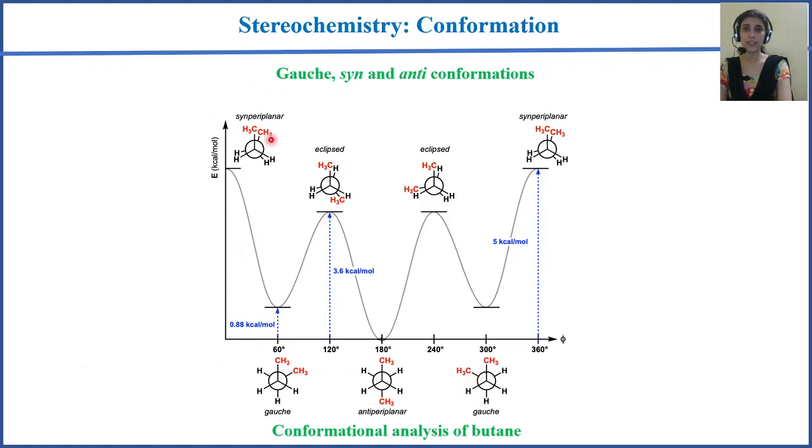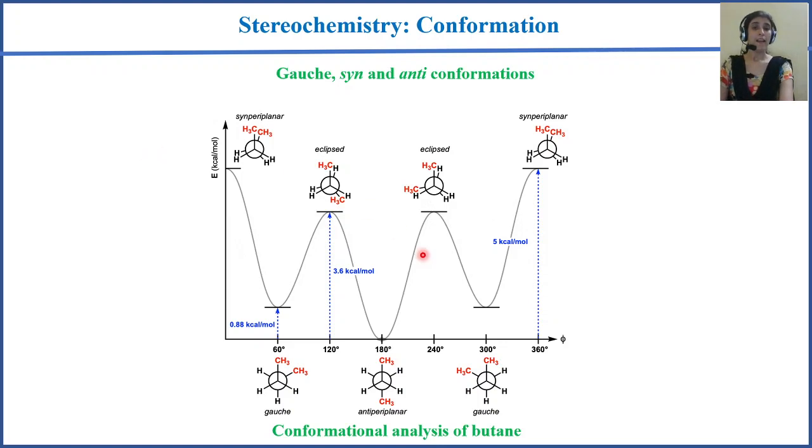That is, we are rotating this methyl group by 60 degree, then by 120 degree, then 180 degree, then 240 degree, 300 degree, and again this is 360 degree. This is a dihedral angle versus potential energy curve.